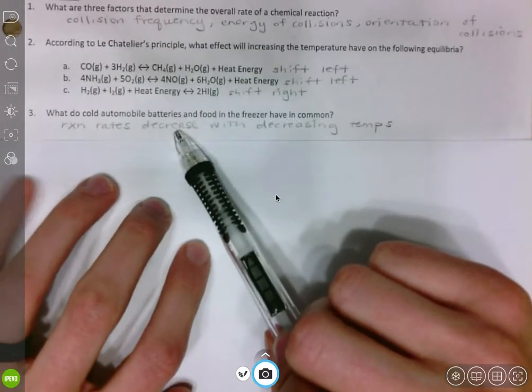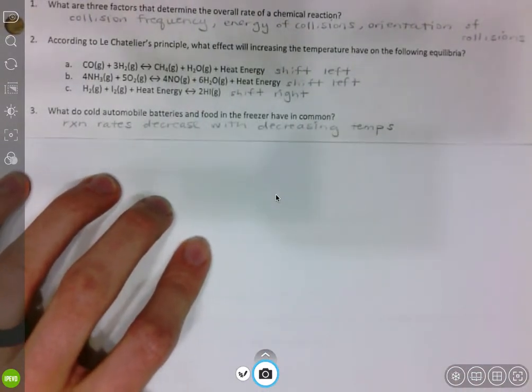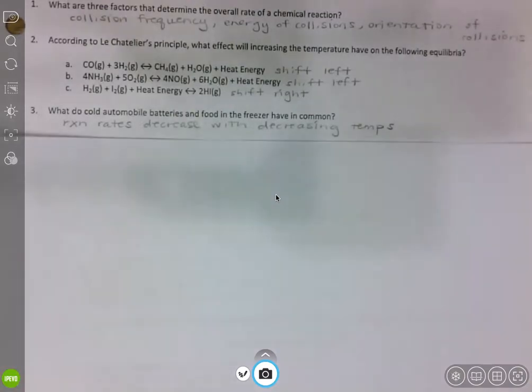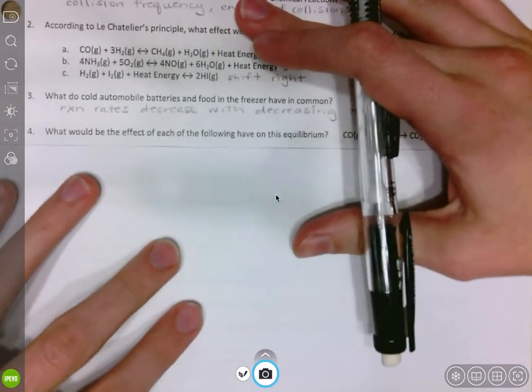And with automobile batteries, even with AAA batteries that you put in the freezer, we're slowing down the reaction rates occurring in those batteries, the chemical reactions, so that we're not just wasting those reactions.